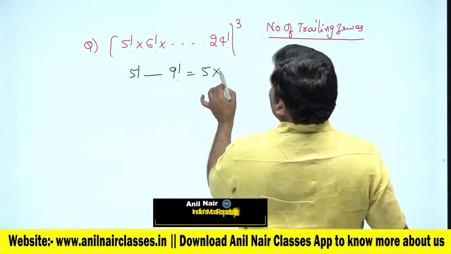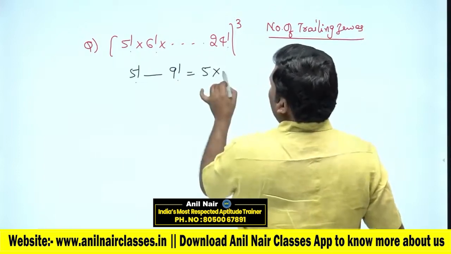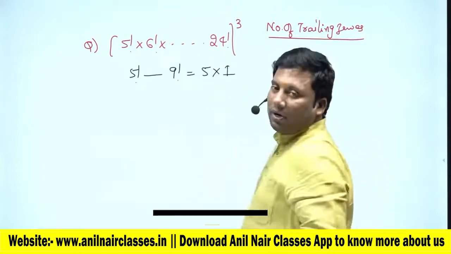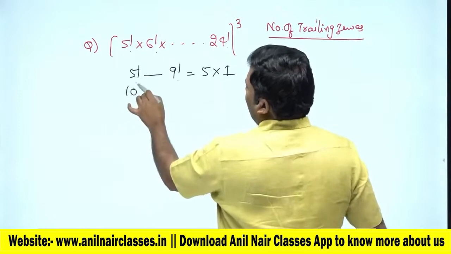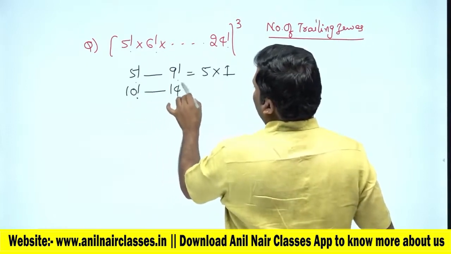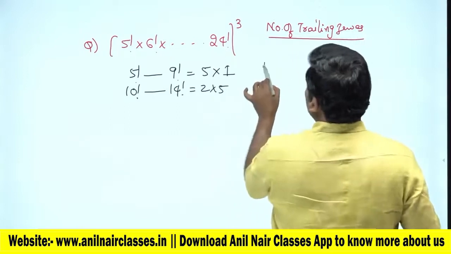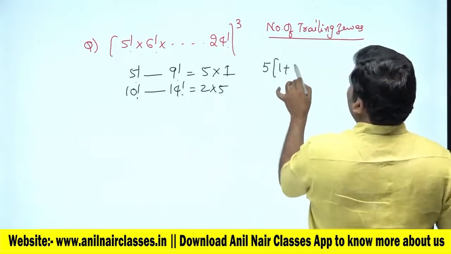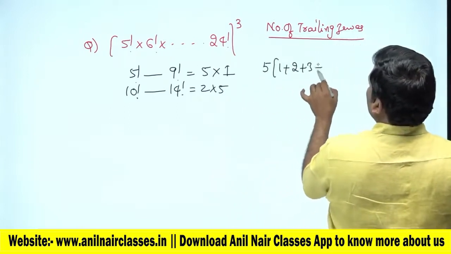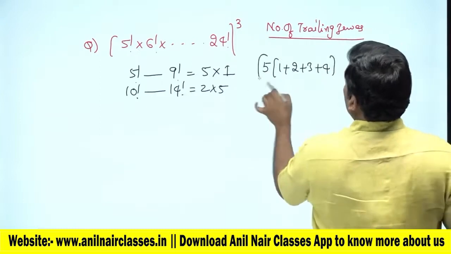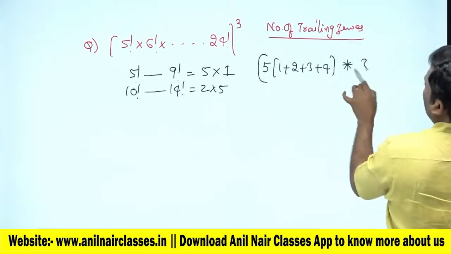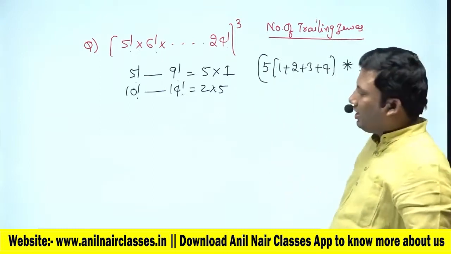Each number will give one highest power of 5. Similarly, 10 factorial till 14 factorial, it is 2 into 5. You don't need to do anything. 5 into 1 plus 2 plus 3 plus 4, into the power. Simple. This is the answer.